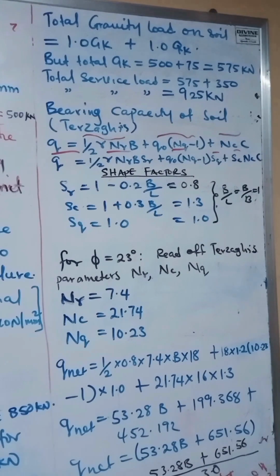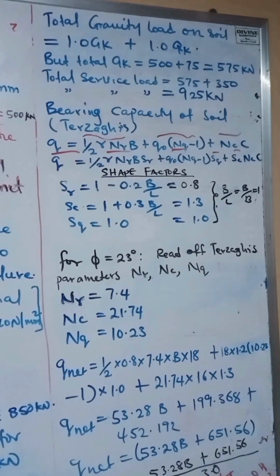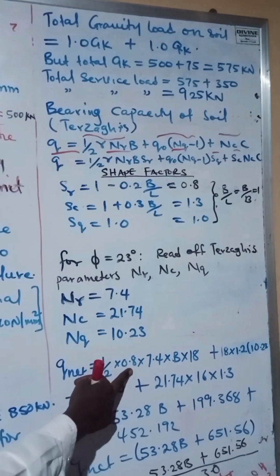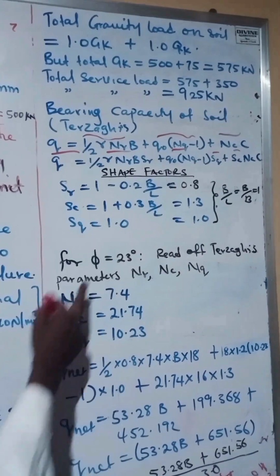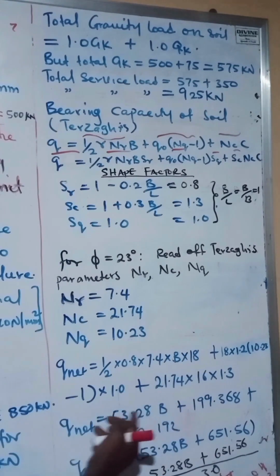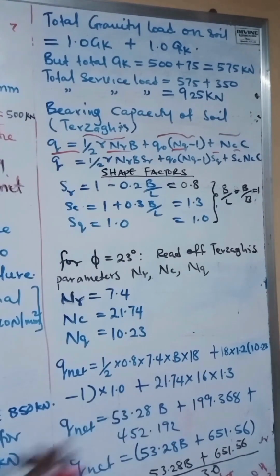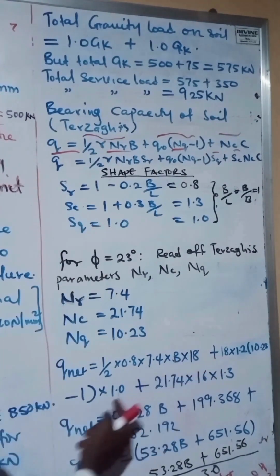Now, the next thing we're going to do is to plug these values into our general equation for Terzaghi's bearing capacity formula. So we substitute these values into it. We'll have, for the shape factor for gamma, 0.8 is here. For the shape factor for shear strength, we'll have it as N_c here. While for the shape factor for overburden, we have it to be 1. We have it here.